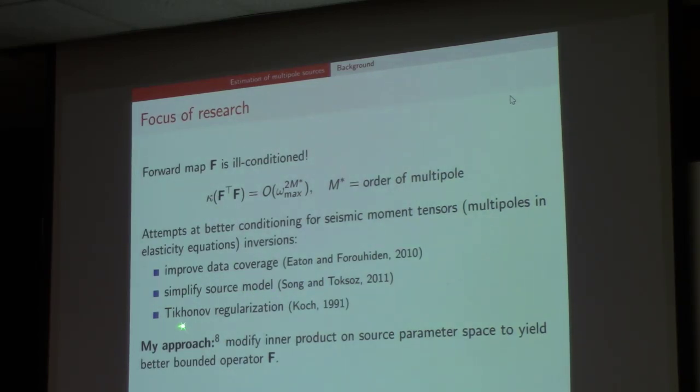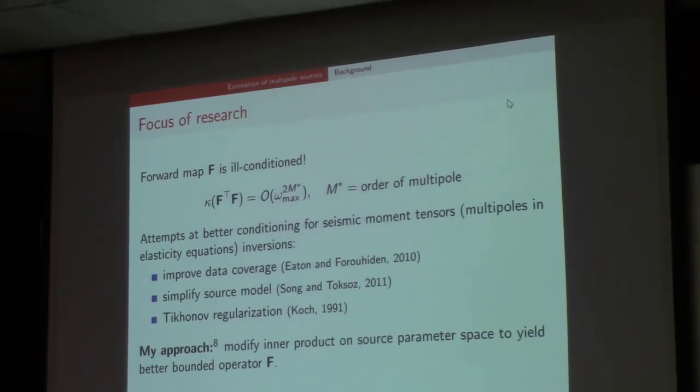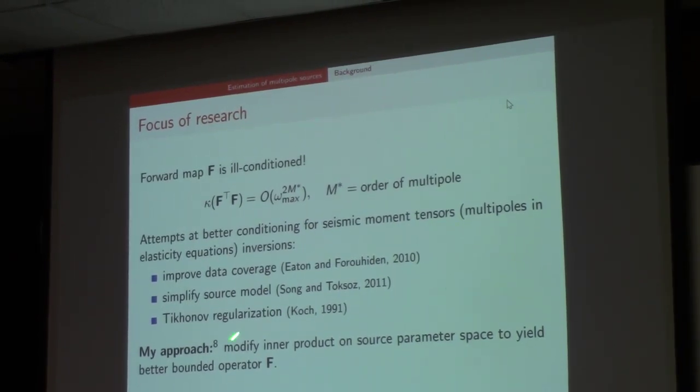And the third thing is really the traditional thing that you might want to do: regularization. You regularize the least squares problem, and that should help out. And it does. But there's a fourth thing, which is what we did.